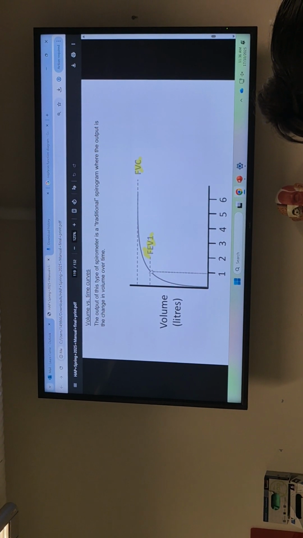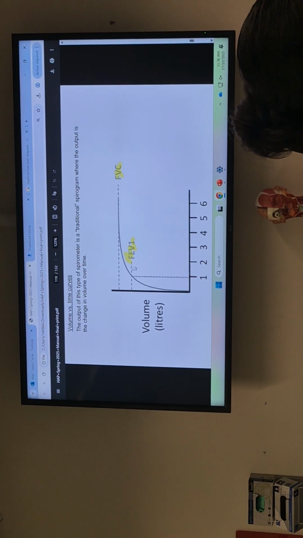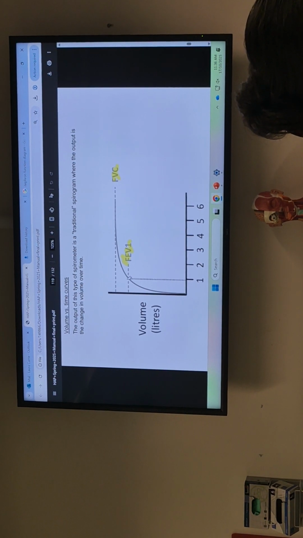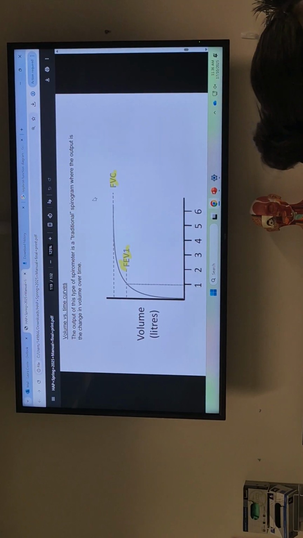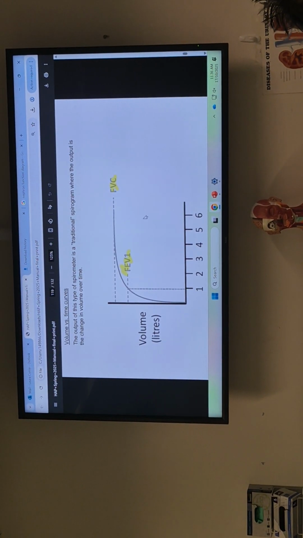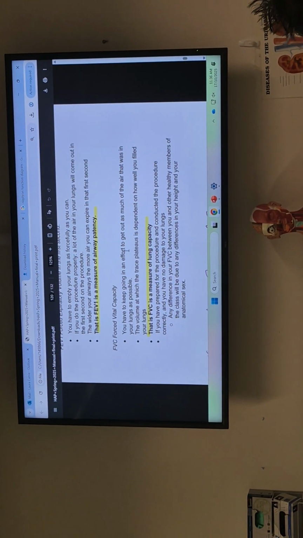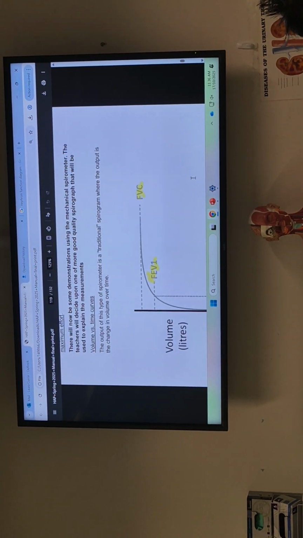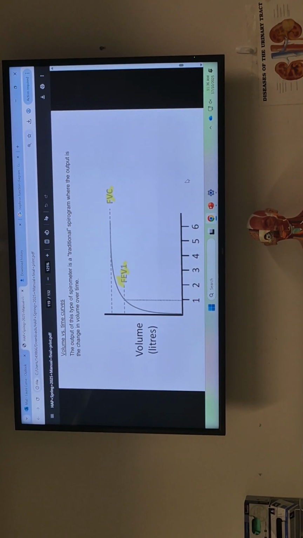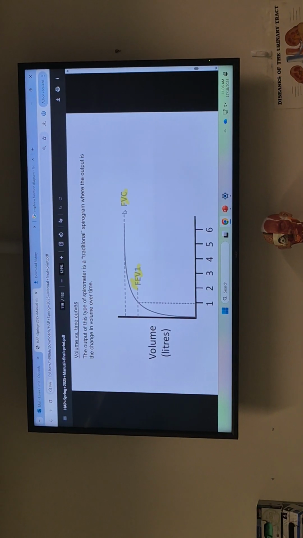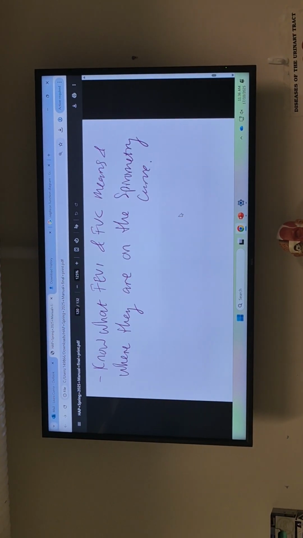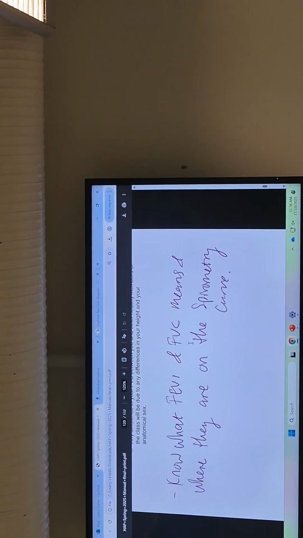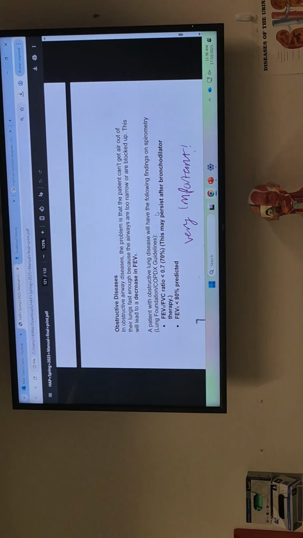So this curve here will tell you how much volume or liters of air is being expelled in 1 second. FVC is your forced vital capacity, which is how much air your lungs can actually take. Okay? So it's going to be the highest reading that you find in the curve. Yeah, so literally just knowing what these are and where they are on a spirometry curve.